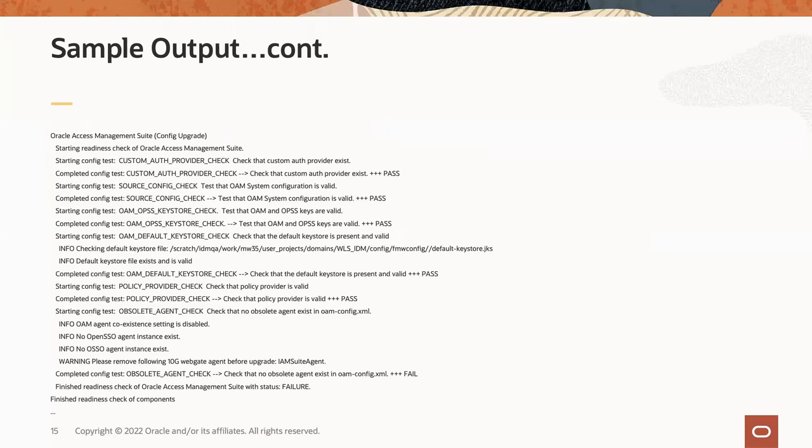So it finds that and it fails. As we saw, the solution is to remove the 10G agent. There's the KB article on how you can remove the IAM suite agent from the console and then use an OHS WebGate or any 12C or 11G WebGate to protect the admin console.